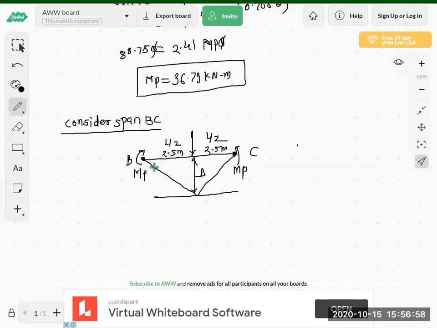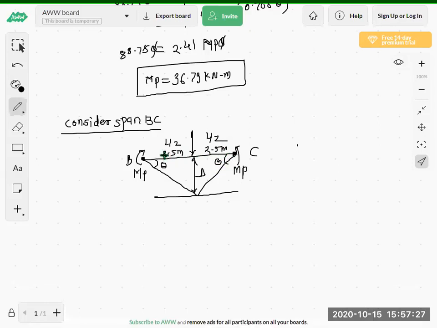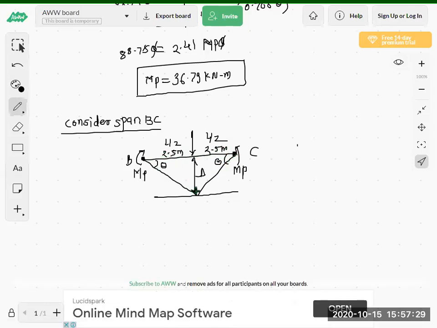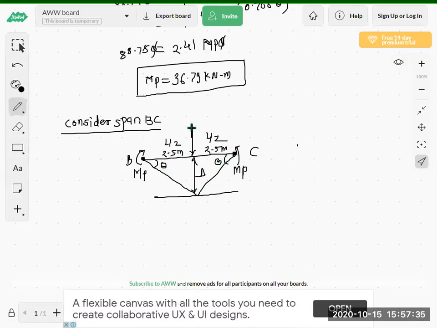So now the rotation at C, I have taken rotation theta at B, theta. Here also at C, theta. Same, because the distance is the same, L by 2, L by 2, meaning here 2.5, 2.5. Are you getting it? The same distance is there, so the displacement is also the same, with rotations of theta and theta, because this load is exactly at the center.